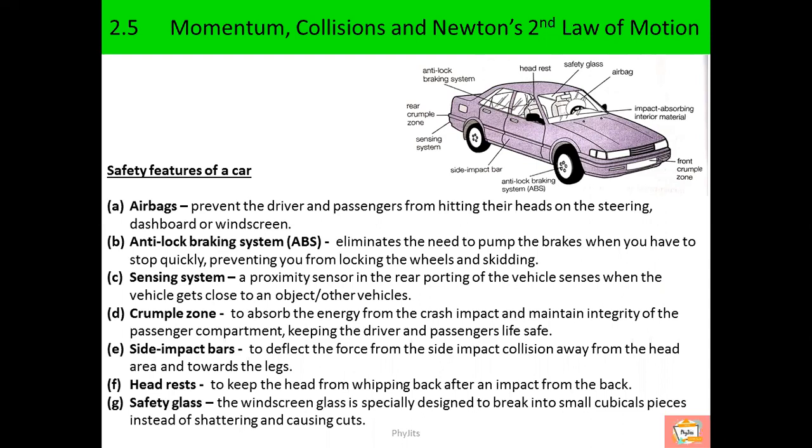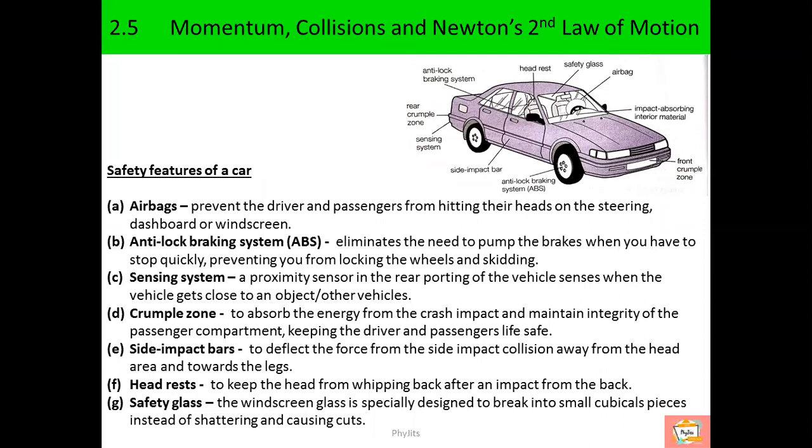Nowadays, if you have a license, then maybe you can experience this: you put on your seat belt, and if you press your brakes suddenly, automatically your seat belt will lock and you cannot move forward, right?